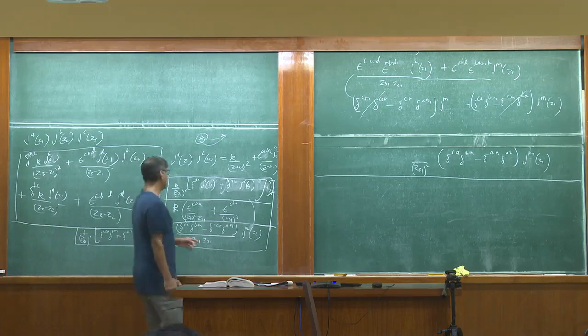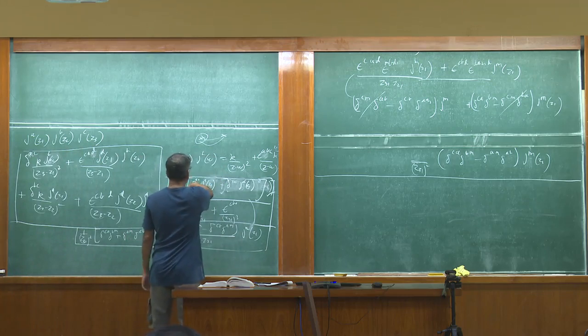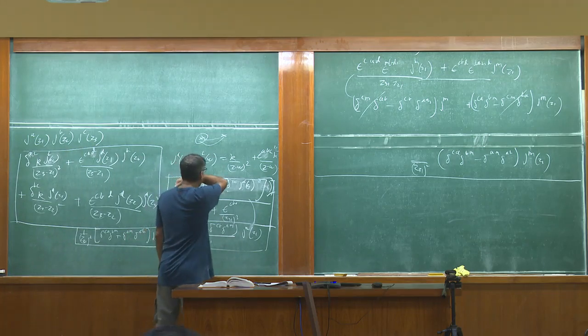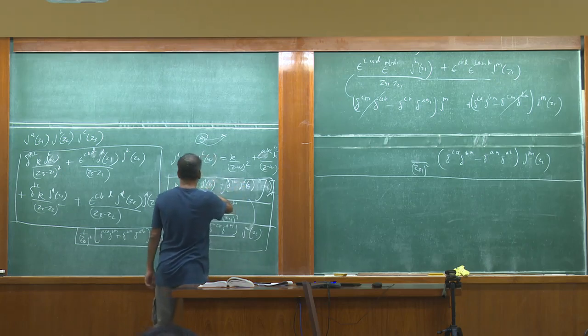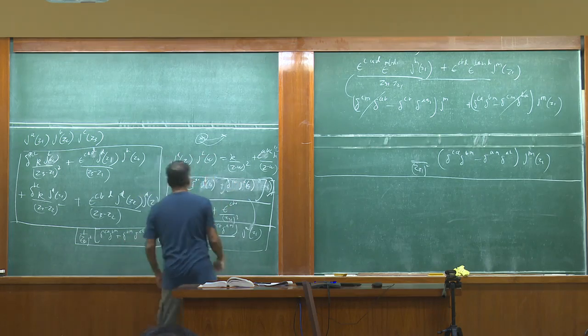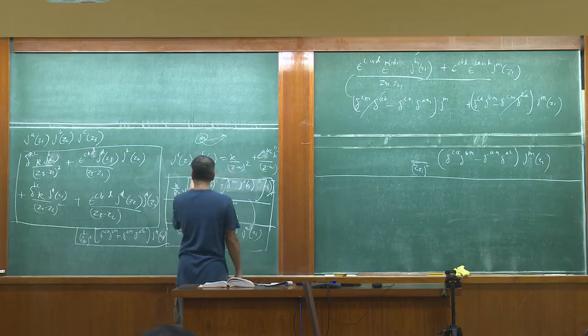Once we set A equals B, this becomes what? What was C? Was this a J? This was delta B. Okay, so we set A equals B, and let's write the sum.